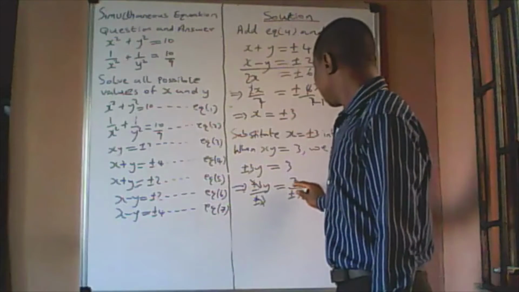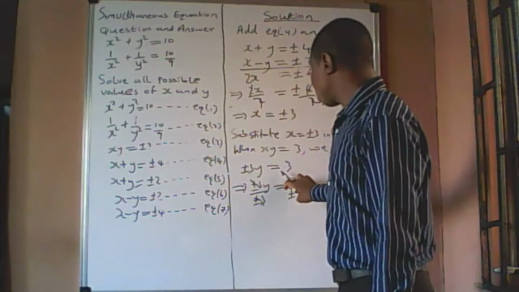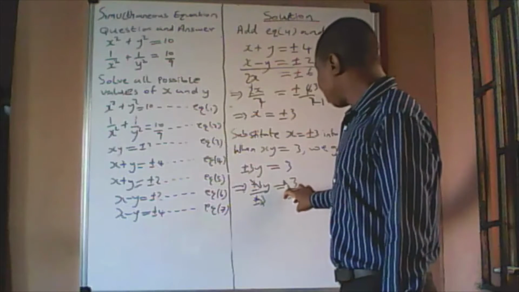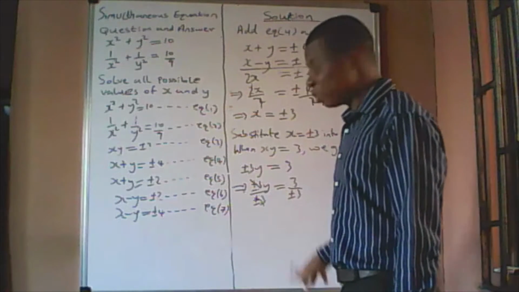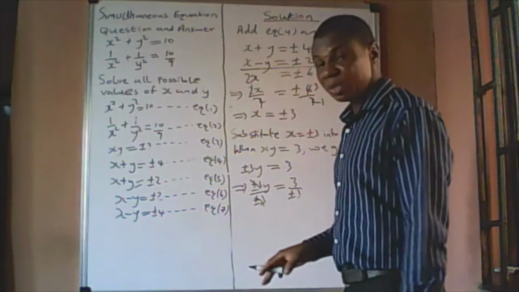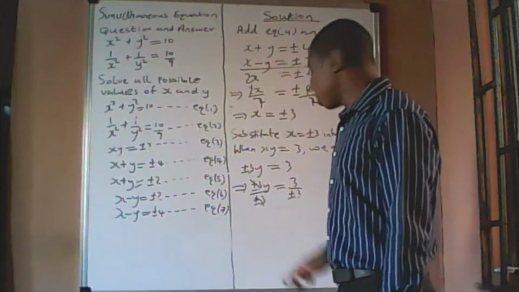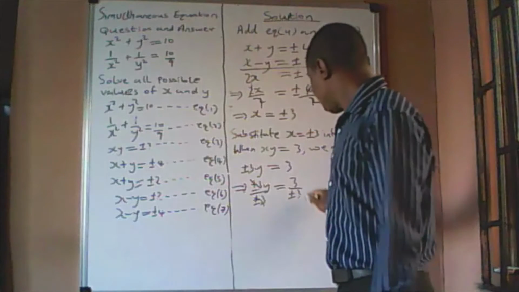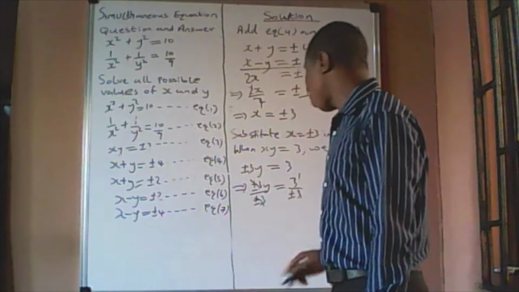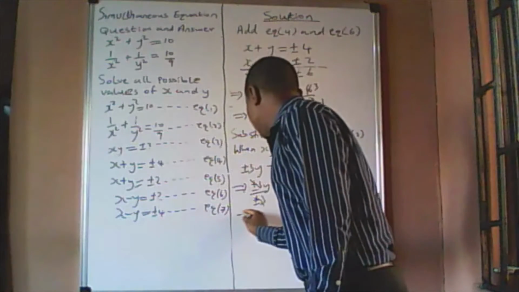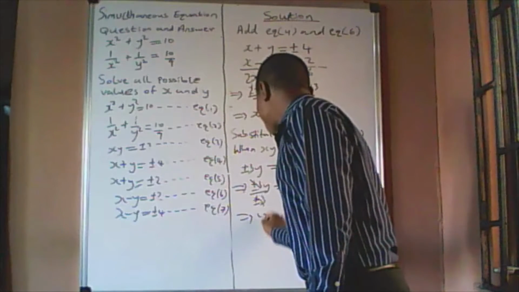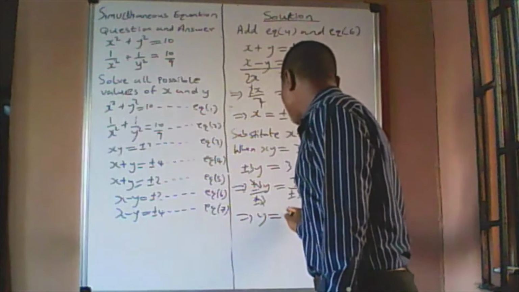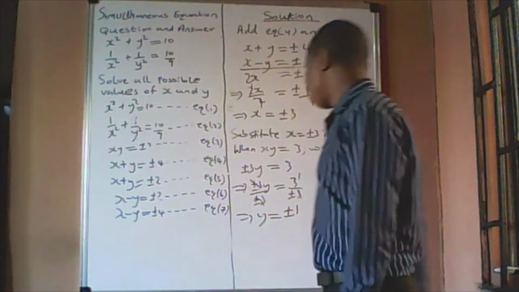Here we cancel plus or minus 3. Plus divided by plus gives us plus, so we are going to have plus or minus. 3 cancels 3, and you get 1. It implies y is equal to plus or minus 1.